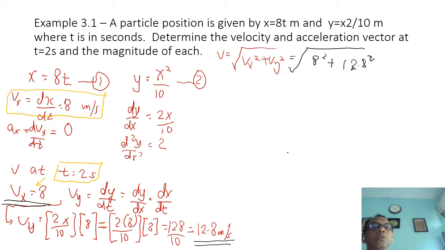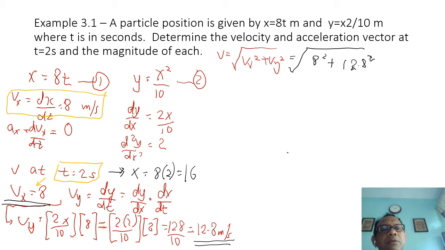Sorry, we made a mistake here, because at t equals 2, dx over dt is 8 times 2 equals 16. Can you see where my mistake is? So this is 2 times 16, so I will now remove that x. This x is now 16.